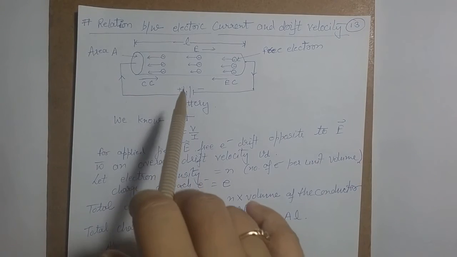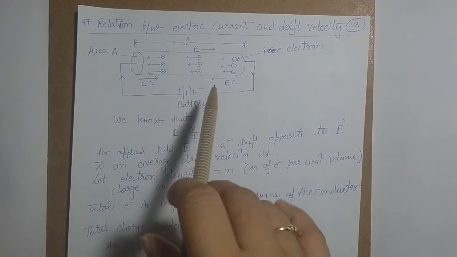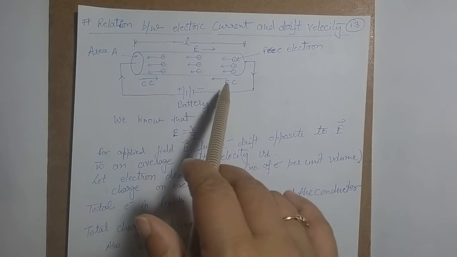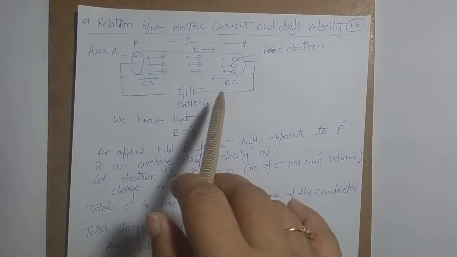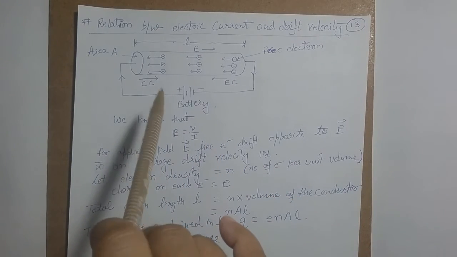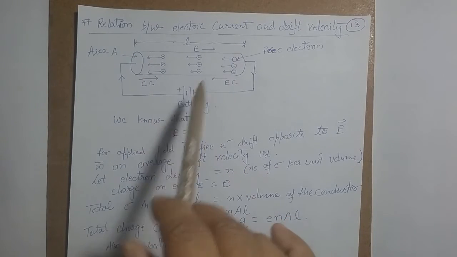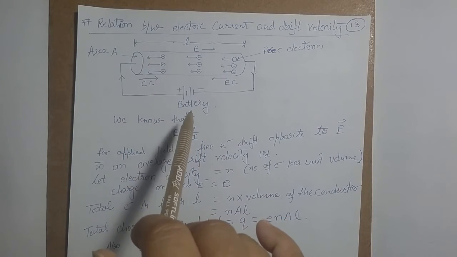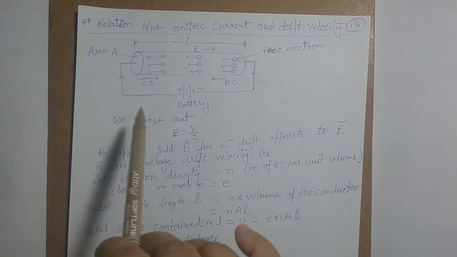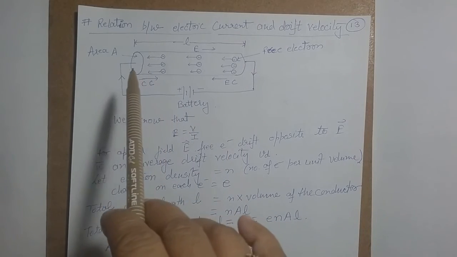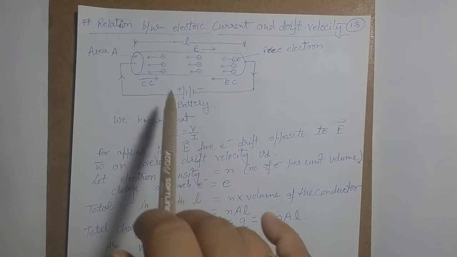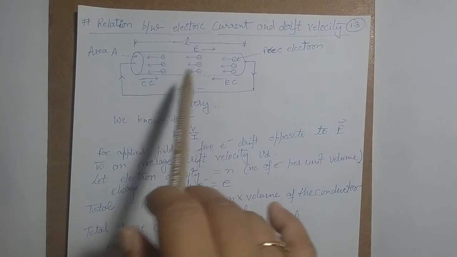So let us deduce a relation between the electric current and the drift velocity of a given conductor. We have a conductor of length L, and a battery is connected to that conductor in order to provide a steady flow of current through it. These are the directions of electric current.